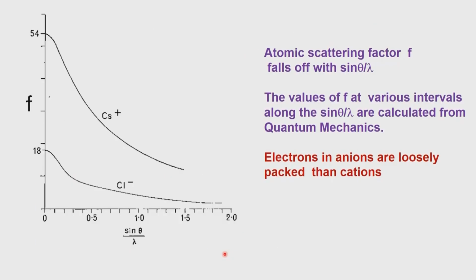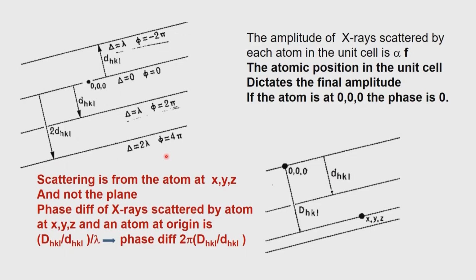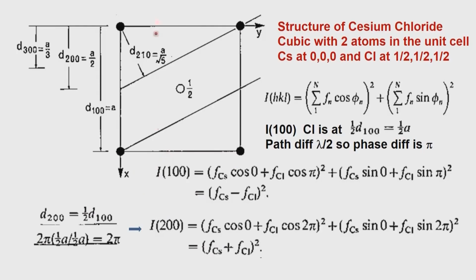That means if you go back here, the 100 may come corresponding to these 2 points, and 200 may come corresponding to those 2 points. So, the value of f will not be 54 and 18 now, it will be much lower. So, as you go to the higher angles from 100 to 200, the values of f of Cs and f of Cl will reduce.